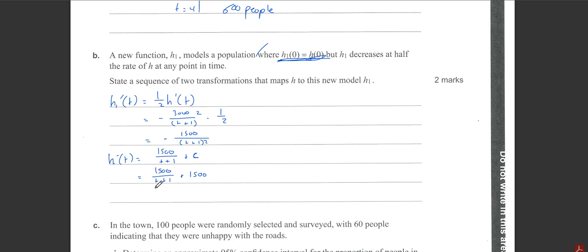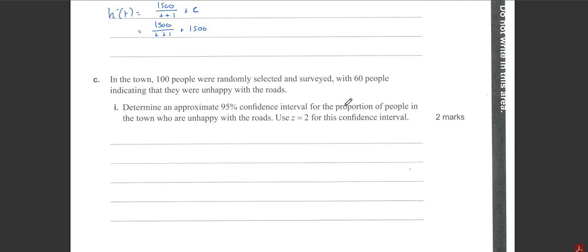So to get from h of t to this graph, first we need to dilate by factor, let's see here, half, to essentially cut it in half from the t-axis, and then translate 1,500 units up. Let me just double check because I'm not really good with my transformations. Yeah, should be right. Okay, those are your two transformations there.